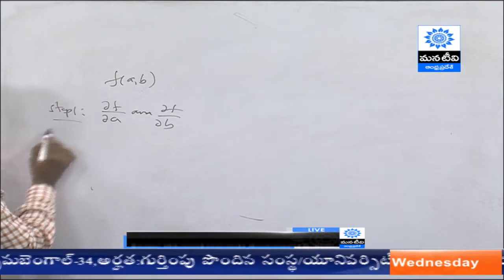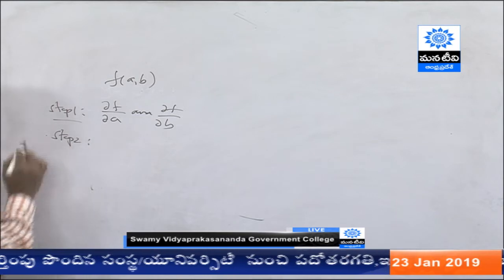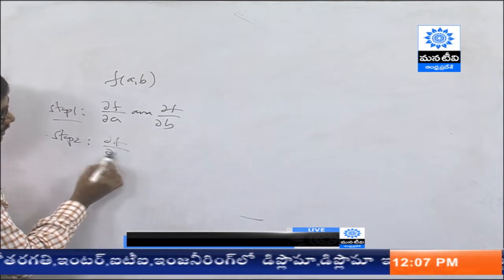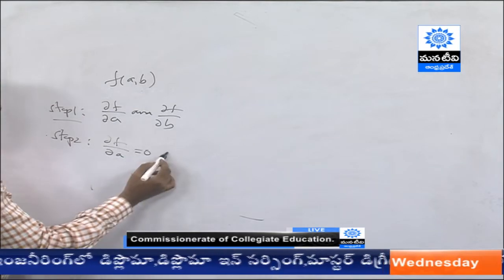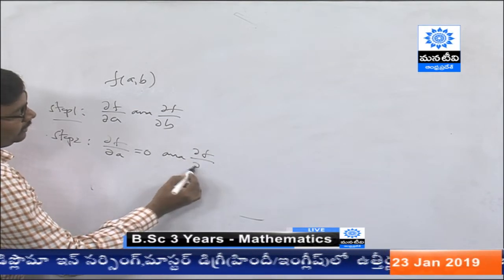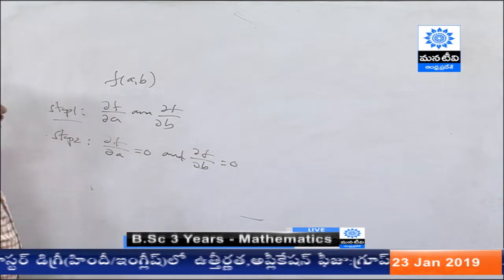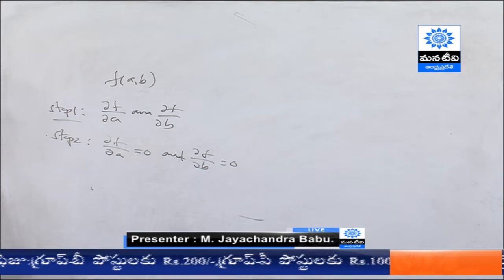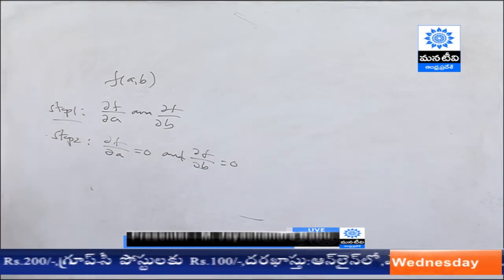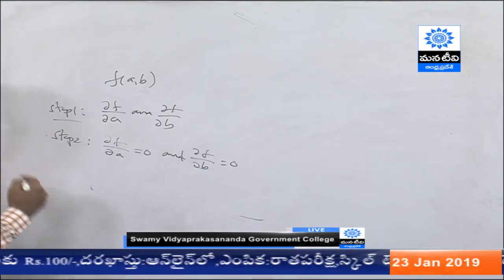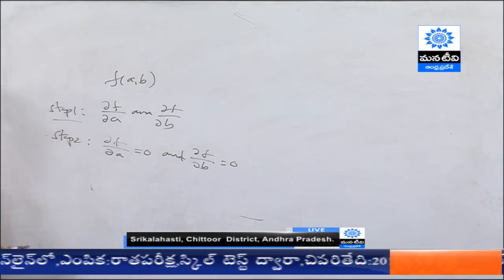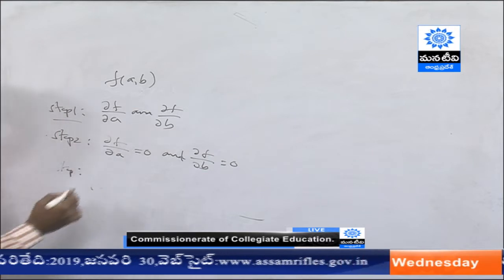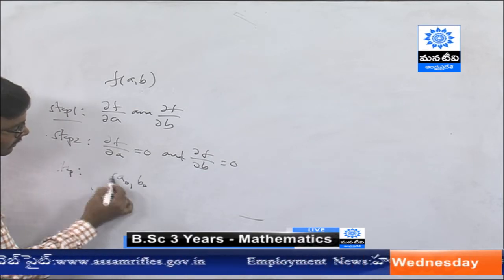As step 2, we convert these two into equations, means we take dou f by dou a equal to 0 and dou f by dou b equal to 0. Now, we can solve these two equations for the values of a and b. Those points are called critical points. Let one of the critical points be a naught comma b naught.